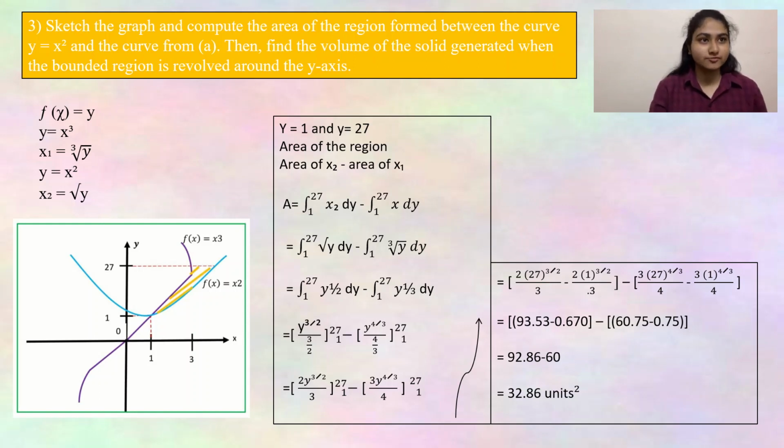And the next step is we have to substitute y with 27 and 1. So it will be 2 in bracket 27 to the power of 3 over 2, over 3, minus 2 in bracket 1 to the power of 3 over 2, over 3, and minus 3 in bracket 27 to the power 4 over 3, over 4, minus 3 in bracket 1 to the power of 4 over 3, over 4.